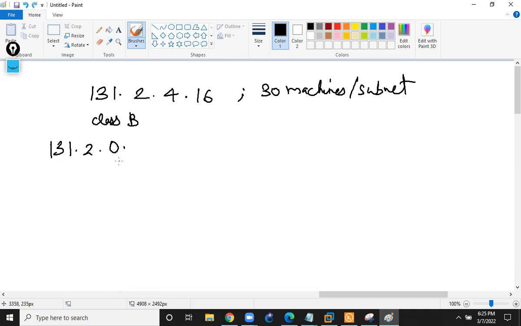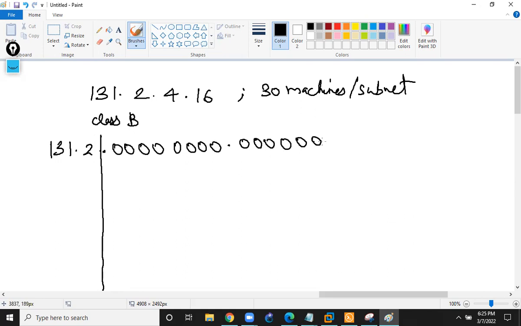I'll expand the host bits: 0 0 0 0 0 0 0 0 dot 0 0 0 0 0 0 0 0. Now you write the values: 1 2 4 8 16 32 64 128. Where will you draw the line?